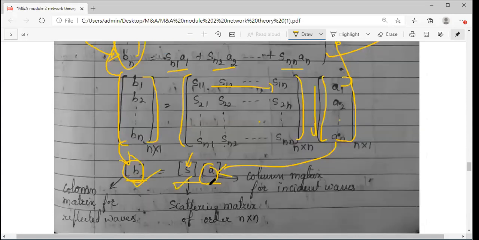Collectively B is equal to S into A. I'm talking about matrices. B is a column matrix, A is a column matrix, S is a square matrix, n cross n. And we call this S the scattering matrix. And this is important for analyzing microwave circuits. Just like you have used other parameters for low frequency networks, the S matrix is used for microwave frequency networks.